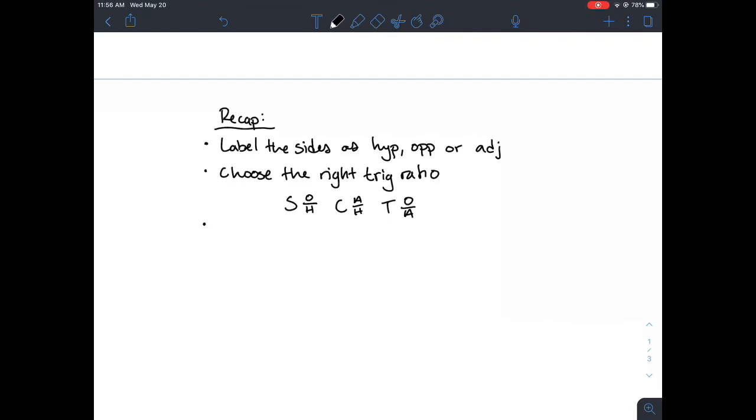Then I need to use my calculator to get the inverse trig ratio.